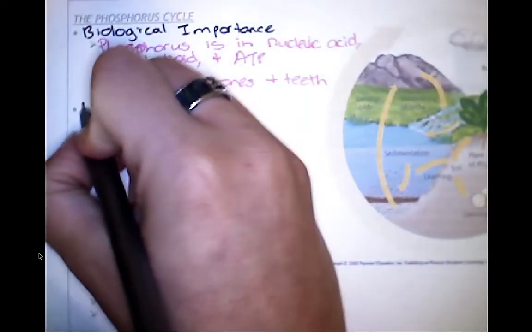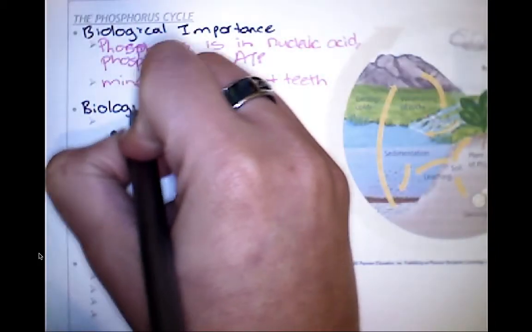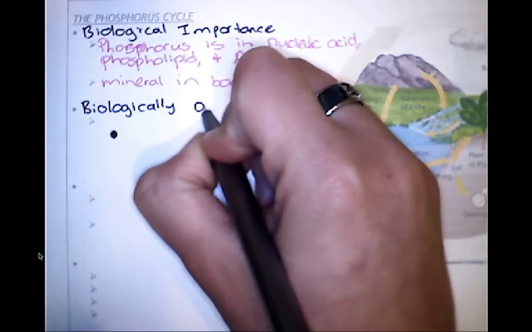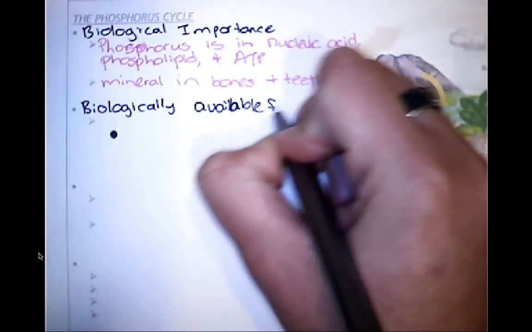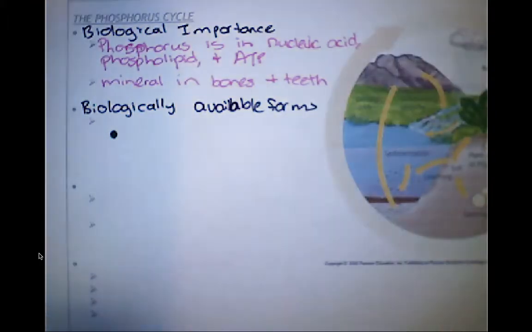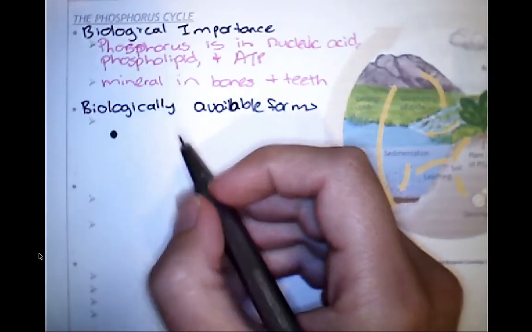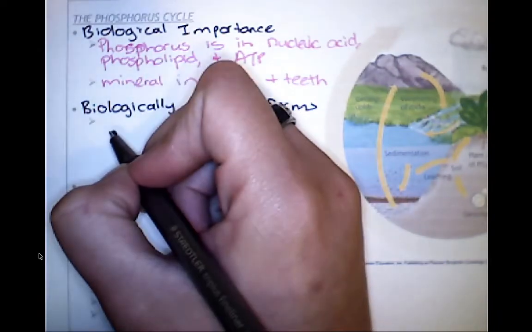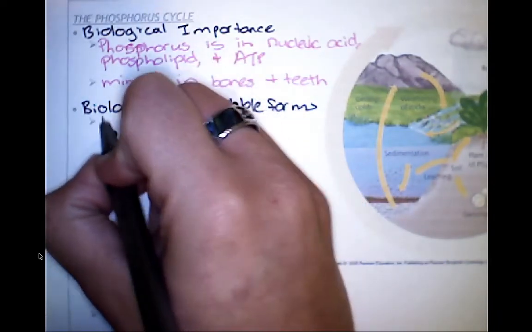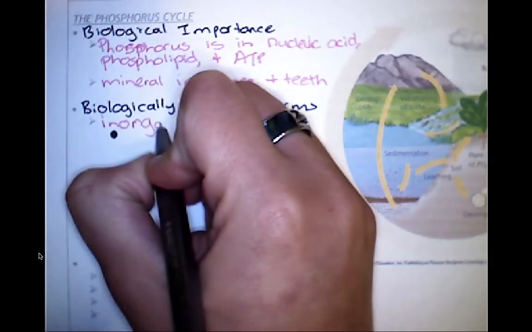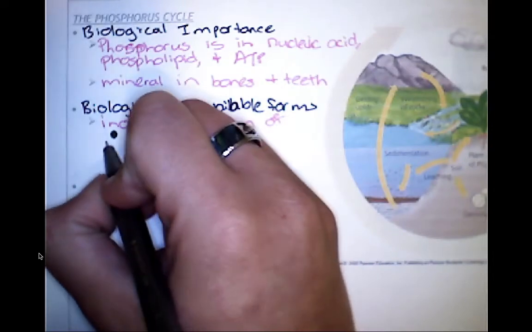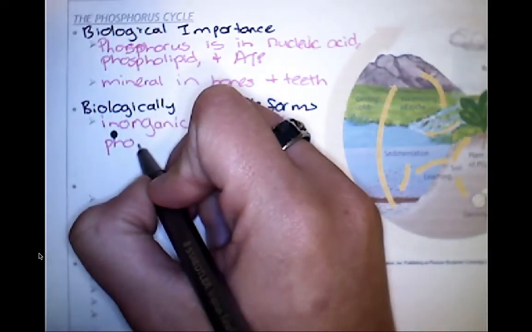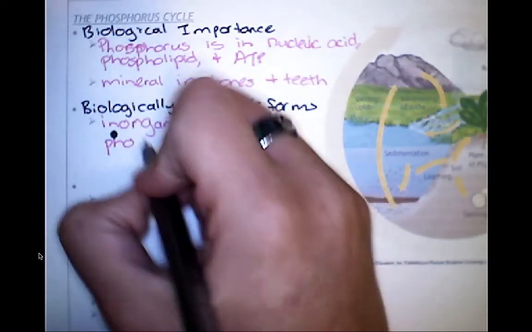How is it available? So let's look at its biologically available forms. It's only available in what's called its inorganic form of phosphorus, or I'm sorry, a phosphate.